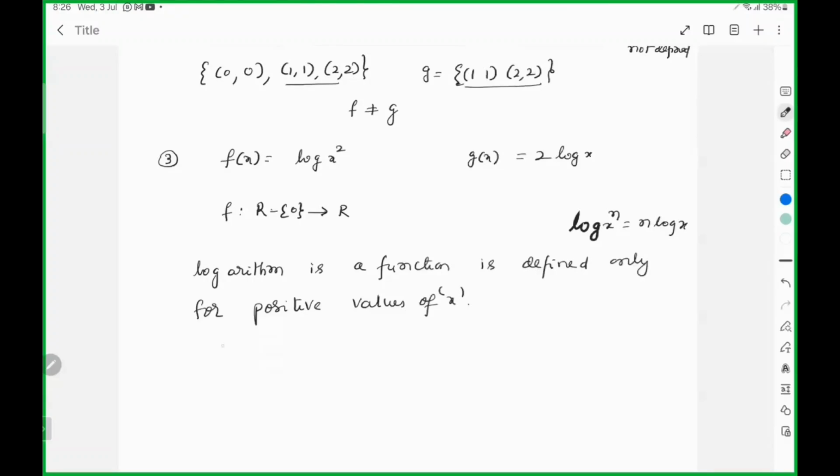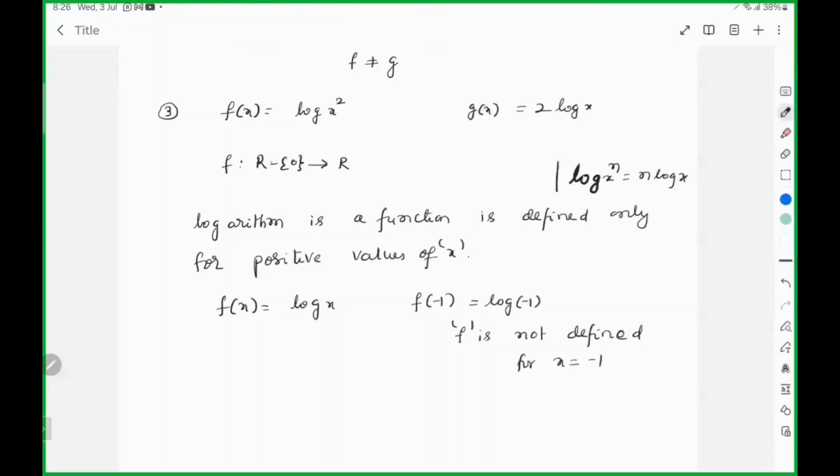So if I take f(x) as log x, f of minus 1, I say that f is not defined for negative values of x. Why, in detail, I'll discuss in the next class.